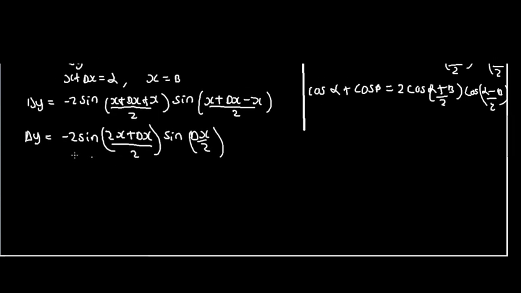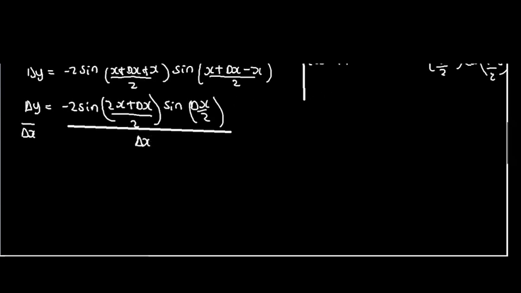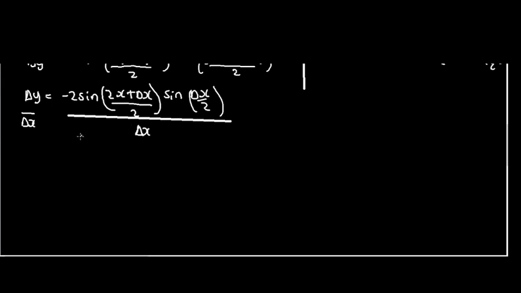From this we can divide through by the change in x, so we shall have change in y over change in x, and the whole of this other side divided by the change in x. After reaching this step, we can take the limits, and remember we know that dy dx is equal to the limit of change in y over change in x, as change in x approaches 0.